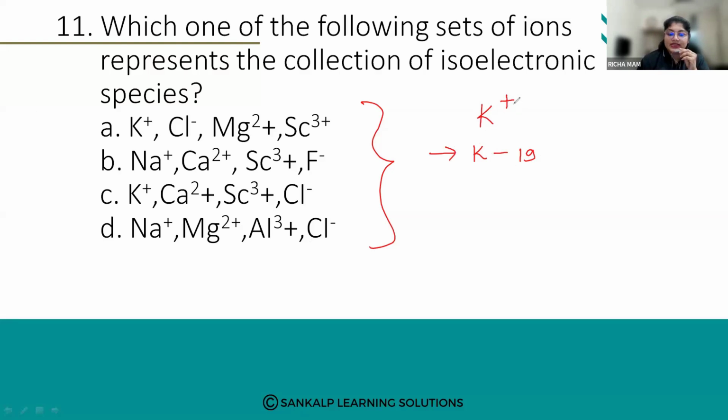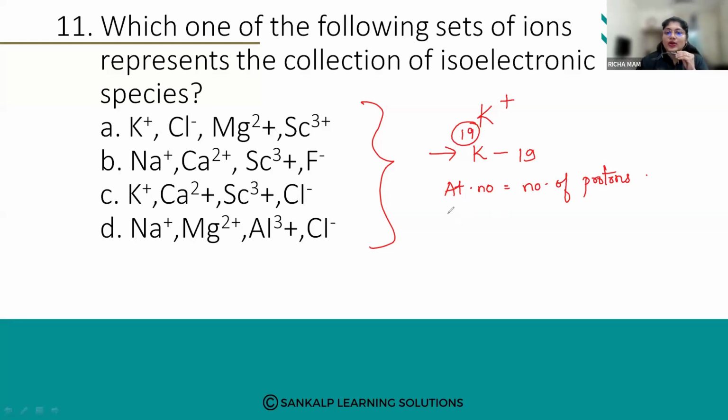Now here K plus means one electron has been lost. What does 19 represent? Atomic number. Atomic number is nothing but the number of protons. Remember that. Whatever the atomic number is, that is your number of protons.